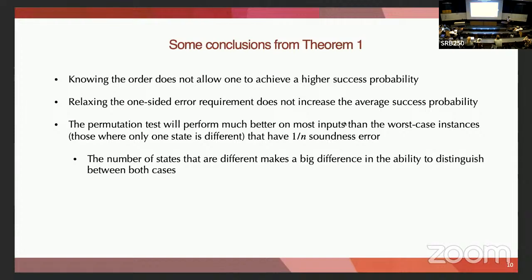The second thing we learned is that relaxing the one-sided error requirement doesn't really increase the average success probability. And the last thing is that the permutation test actually performs much better on most of the inputs than on those worst case instances. And those worst case instances have this 1/n soundness error. But if you know this mu decomposition, then in principle you can improve this a lot.